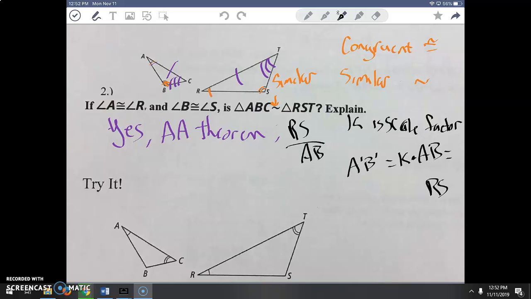Essentially what we're getting is A prime B prime is equal to RS.